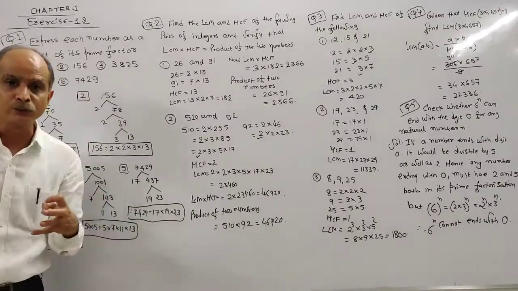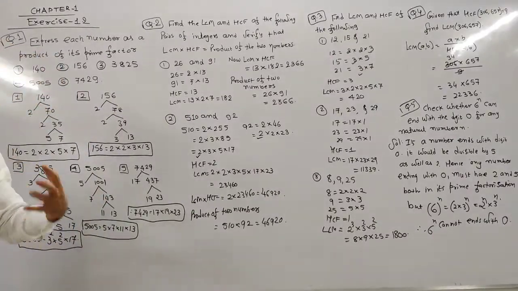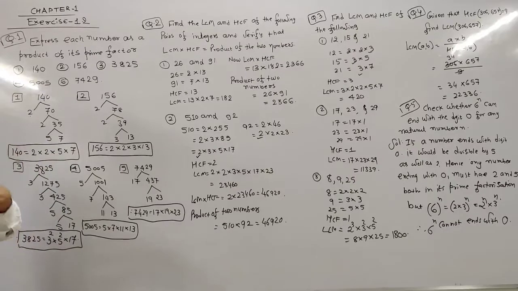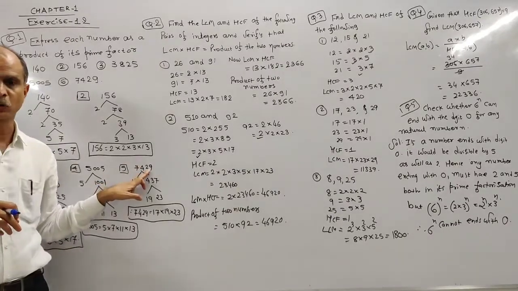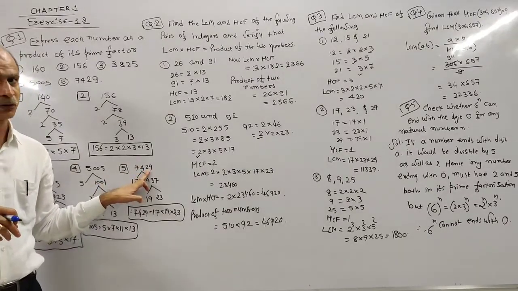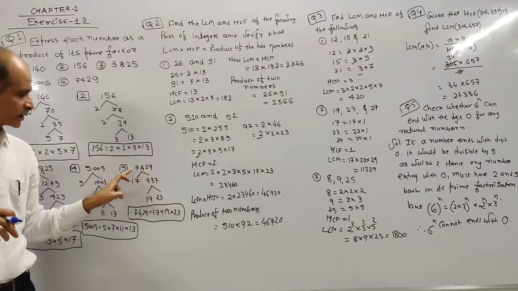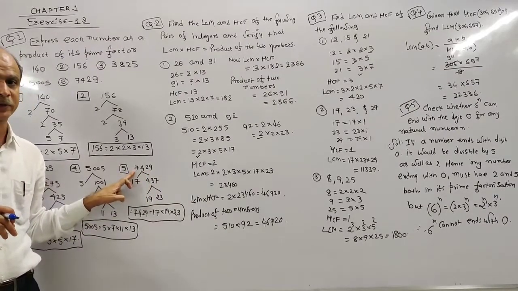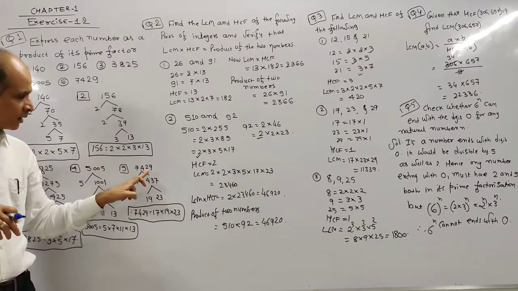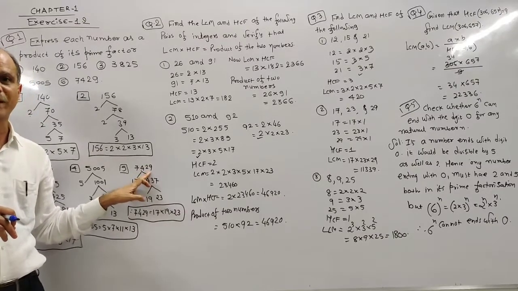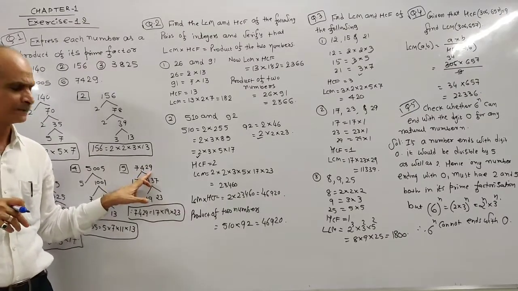Now you have to use the tests of divisibility by different numbers. The last digit is not an even number, so it is not divisible by 2. The sum is not a multiple of 3, so it is not divisible by 3. The last digit is not 0 or 5, so it is not divisible by 5.